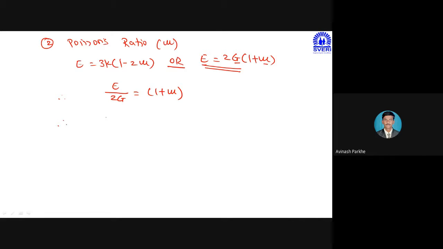So capital E, we have calculated 102.85 into 10 raised to 3, divided by 2 into the value of G, 4 into 10 raised to 4, is equal to 1 plus mu. Therefore, mu is equal to how much? 0.28. Please check your answer. 0.28 is the mu.